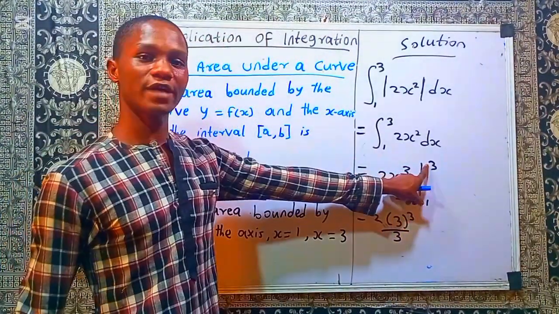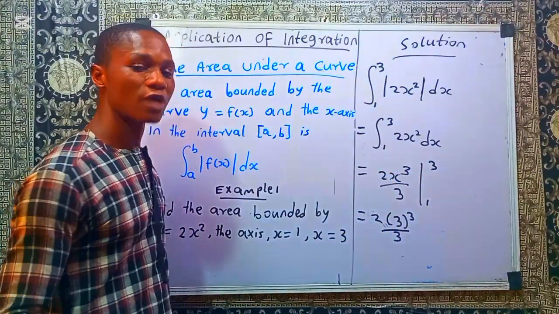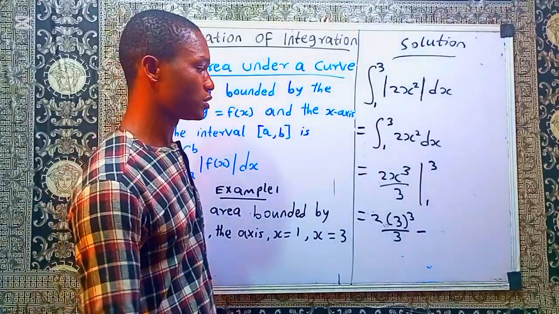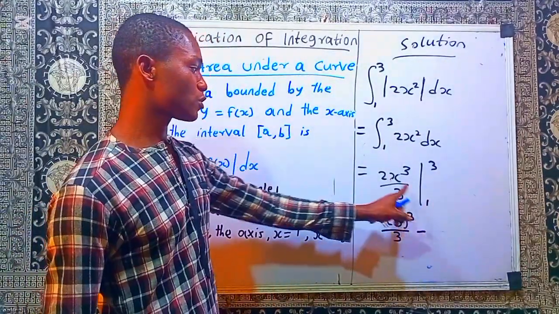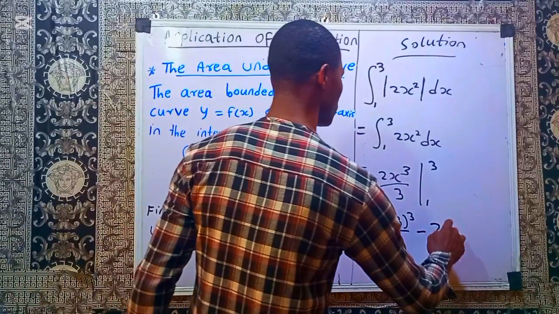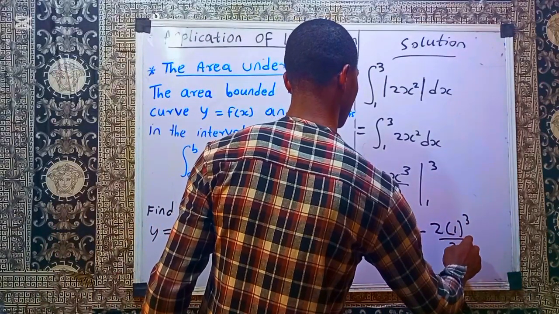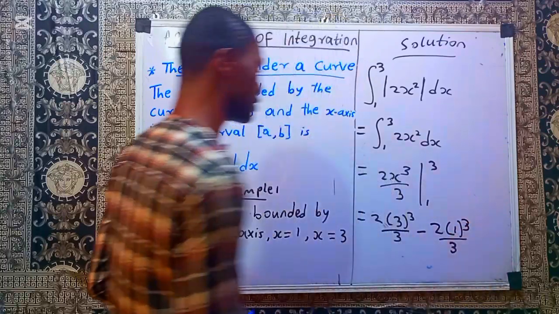I have substituted the upper point for x. Then you put a minus before substituting the lower point. The lower point is 1. You substitute for x here, so you'll have 2 open bracket 1 raised to power 3, divided by 3. This is the result you have.